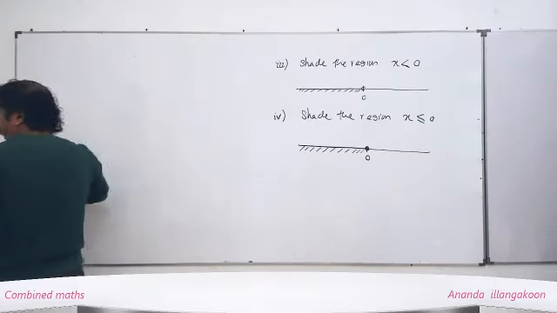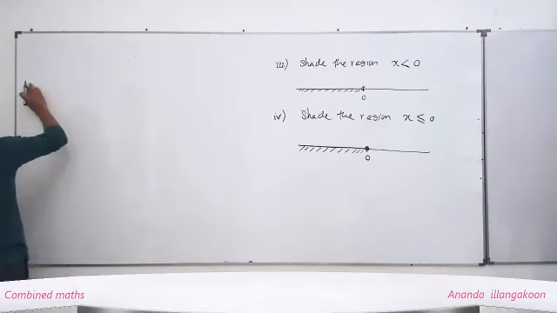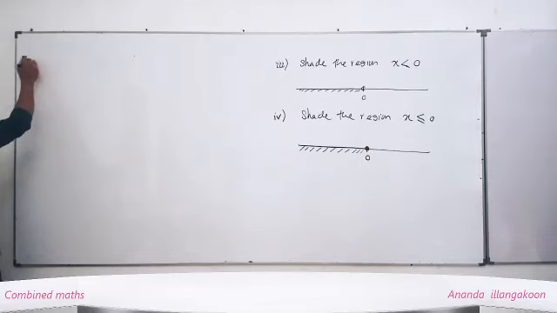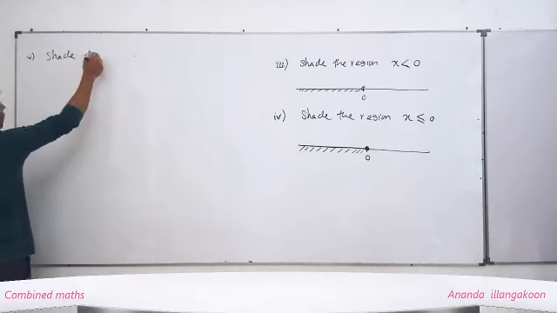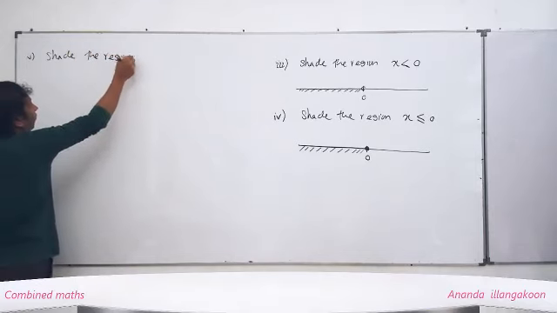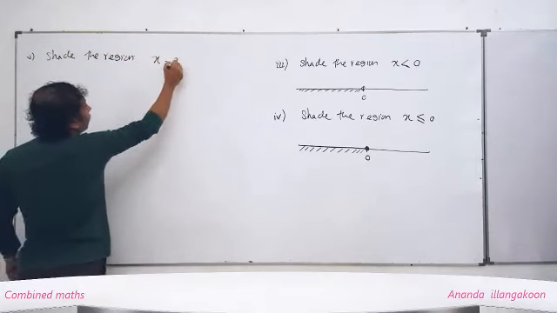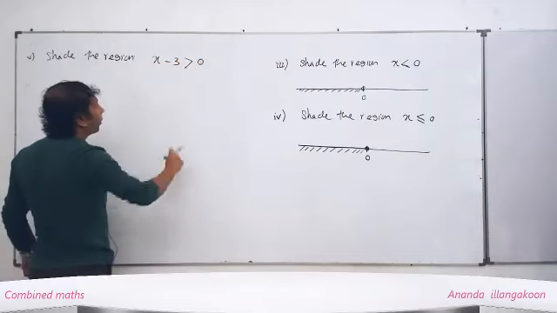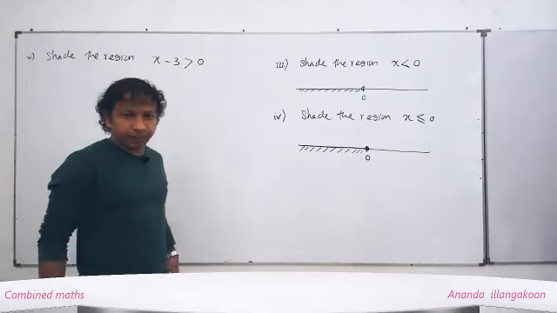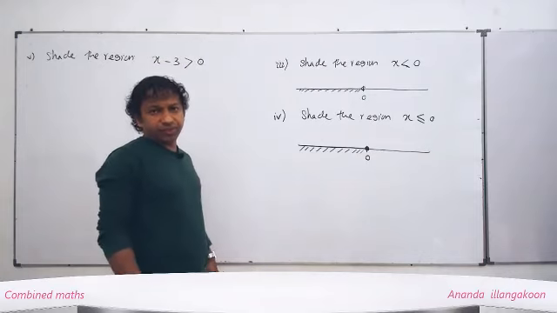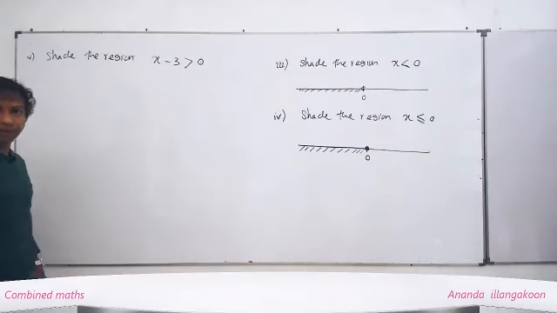This is another one. Number 5, shade the region x minus 3 greater than 0. That is the next one. Very simple inequality. Right, people.